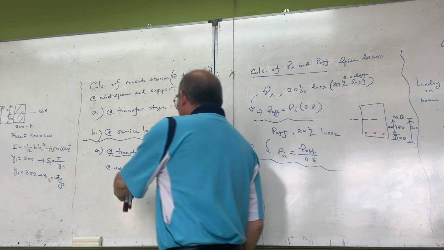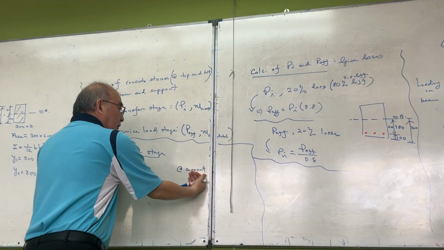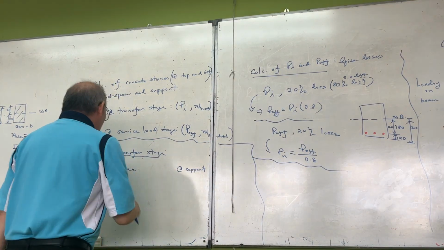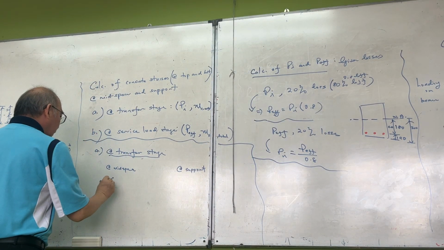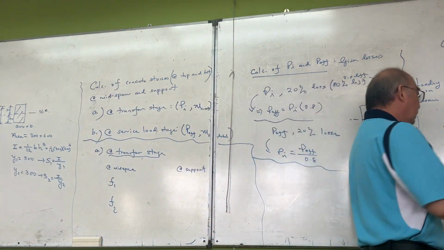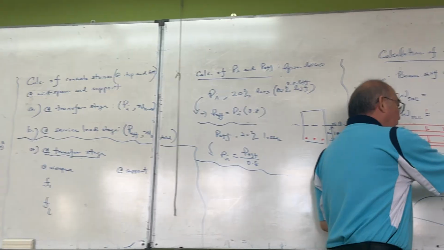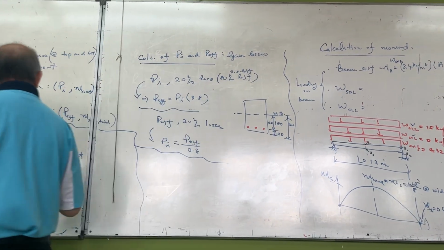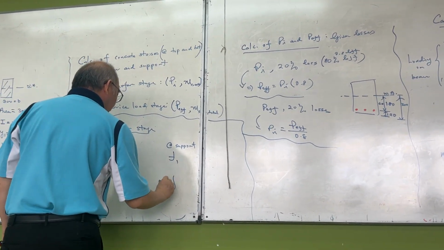That is why I do the middle to right. At mid-span, I have to calculate F1 and F2. At support, I also need to calculate F1 and F2.